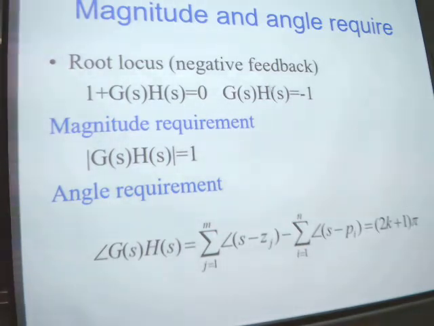This is from this equation. For the angle requirement, the sum of all the arguments of the system is equal to (2k plus 1) pi.